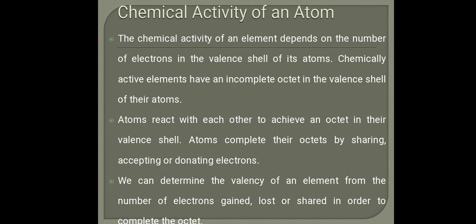Atoms react with each other to achieve an octet in their valence shell. Atoms complete their octets by sharing, accepting or donating electrons. We can determine the valency of an element from the number of electrons gained, lost or shared in order to complete the octet.